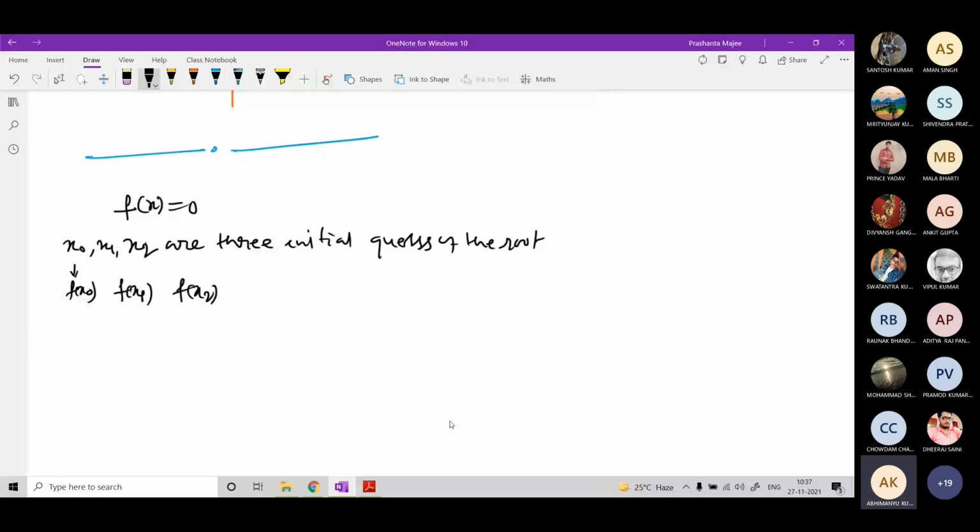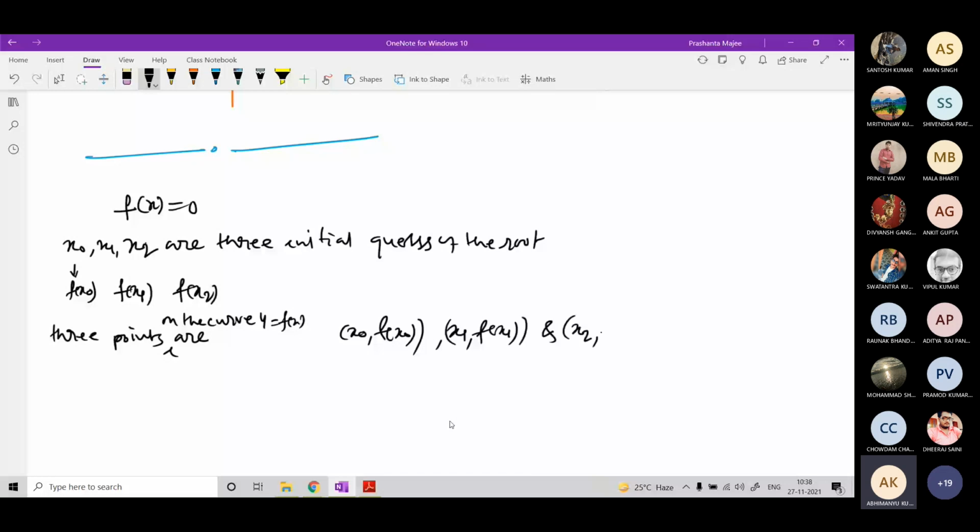So the 3 points on the curve y equals f of x are x0 comma f of x0, x1 comma f of x1, and x2 comma f of x2.